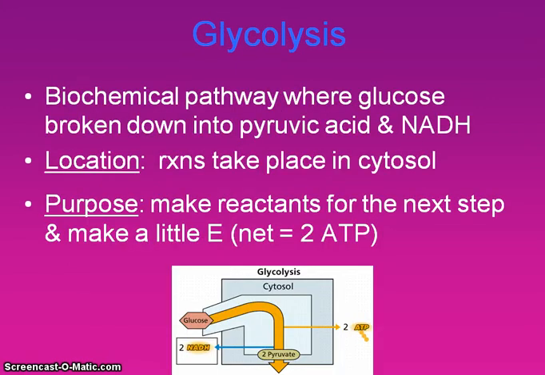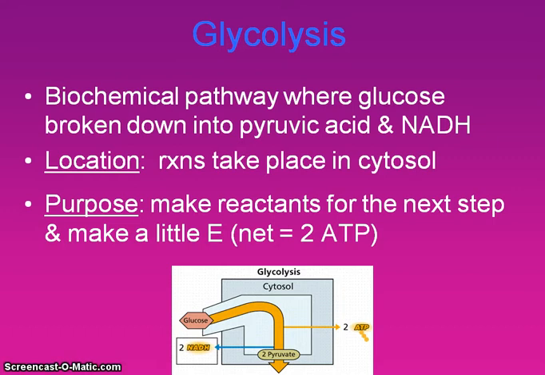So glycolysis is a biochemical pathway where glucose, which is our sugar molecule, is broken down into pyruvic acid, which is also called pyruvate, and NADH, which is just an energy storage molecule. So this is going to take place in the cytosol, which are those little liquid portions of the cytoplasm.